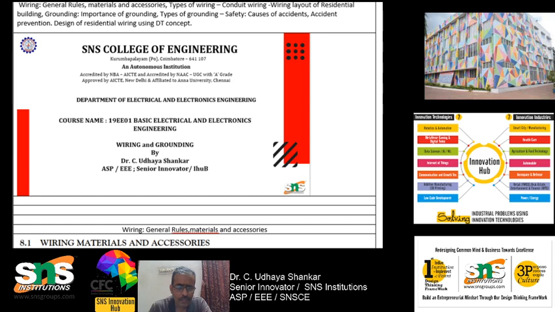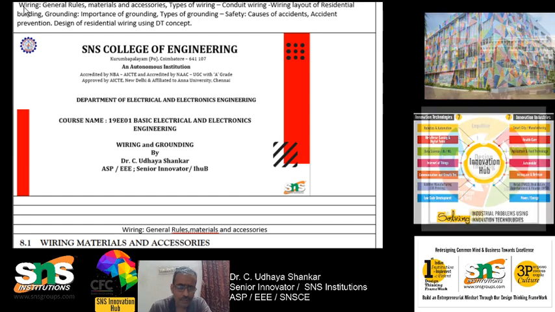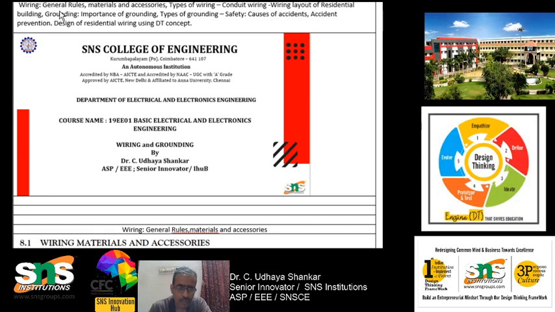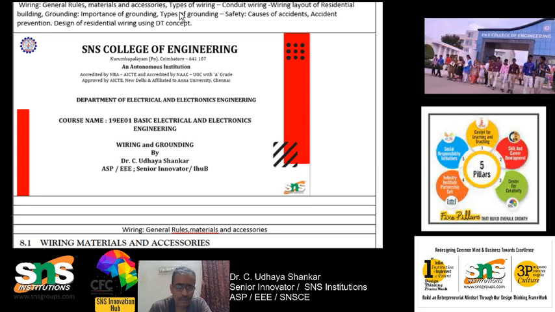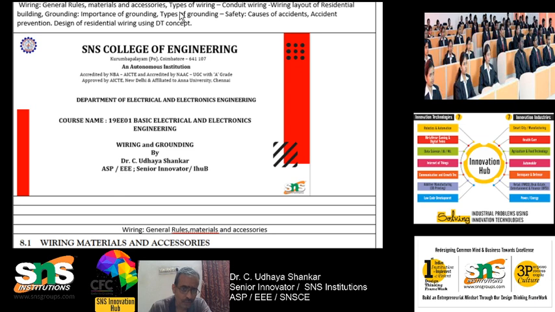In this, I will be dealing with the general rules that will be followed, the materials and accessories, the types of wiring, as well as the wiring layouts of any residential building, the importance of grounding, and the types of grounding.